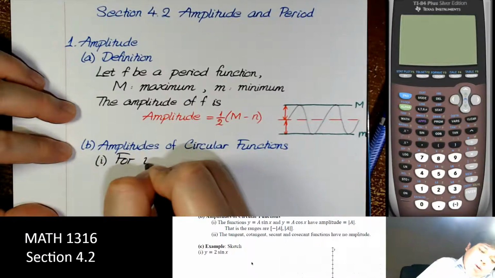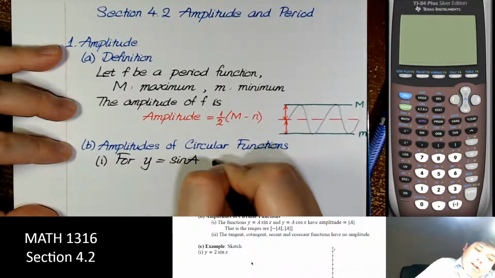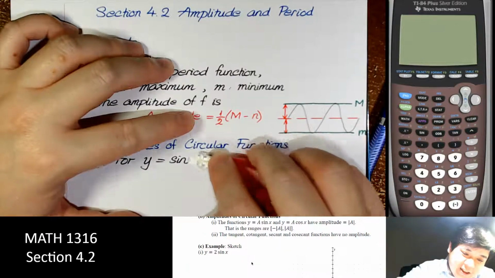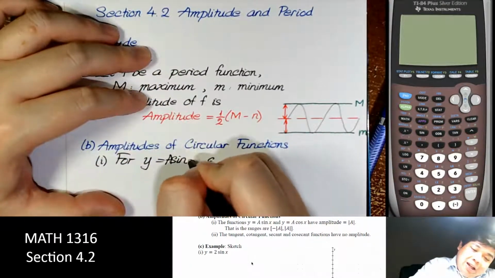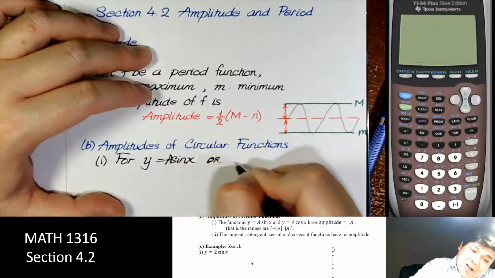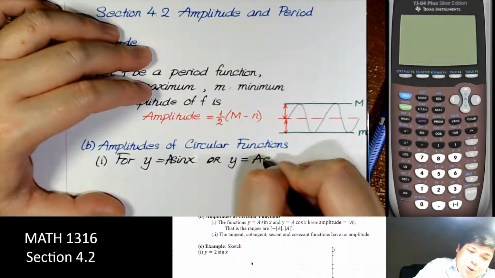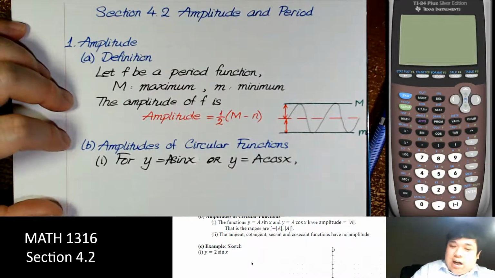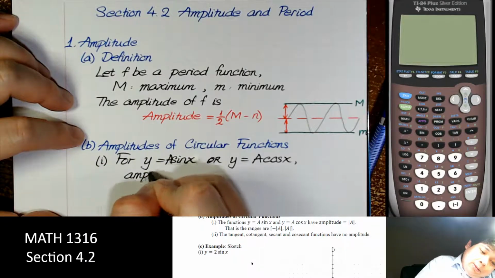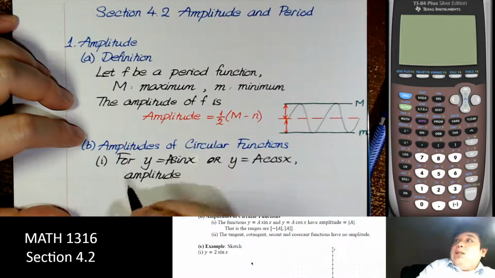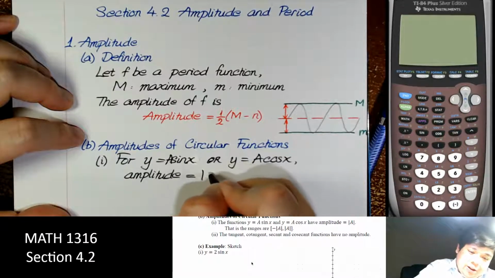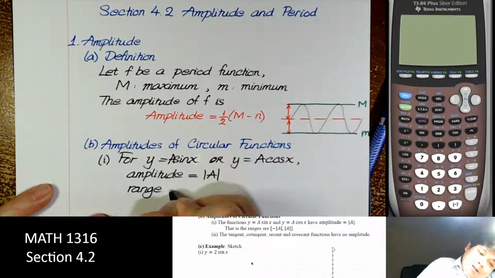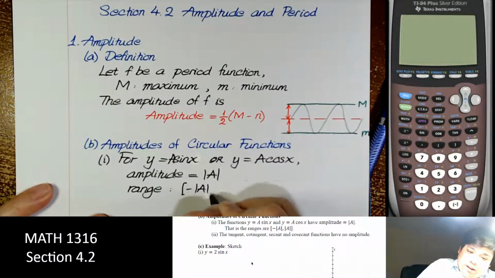So for y equal to A sine x or y equal to A cosine x, the amplitude is equal to the absolute value of A. And the range will be from negative |A| to positive |A|.